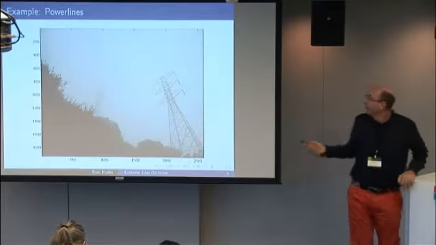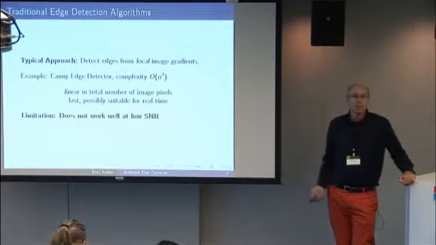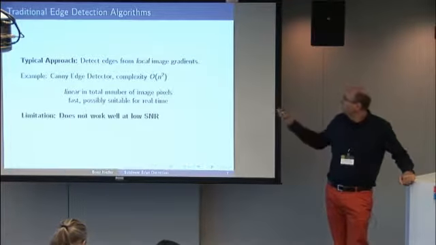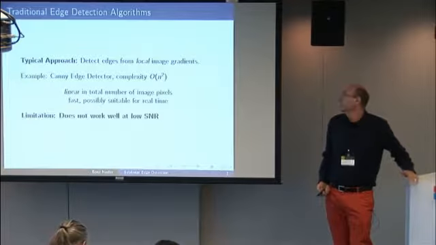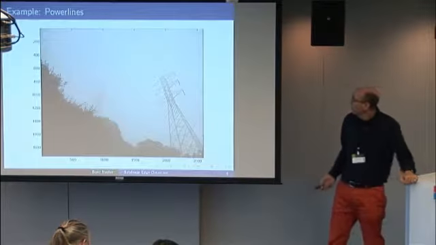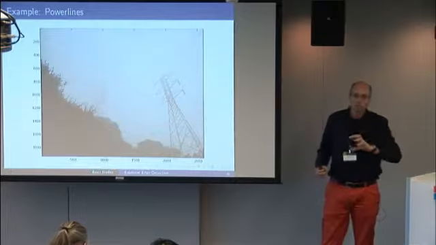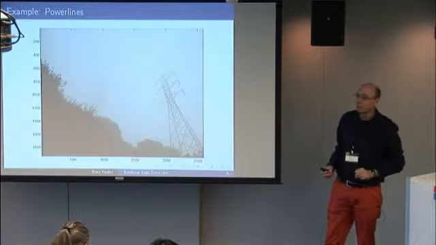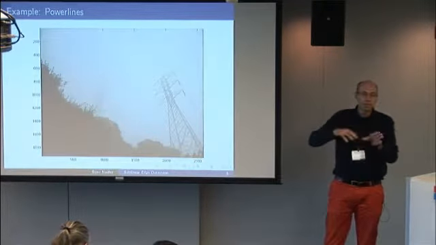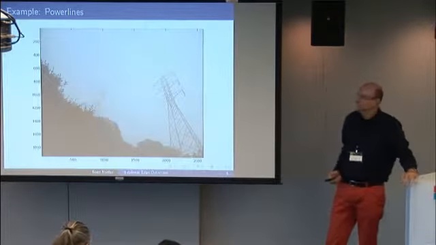Okay. All right. So if you open Wikipedia edge detection, you'll see that the most common algorithm to detect edges is by John Canny. It's called the Canny edge detector. What it does, it takes this image, goes pixel by pixel. At each pixel, it convolves with a Gaussian to attenuate the noise a little bit, and then looks if there are high gradients. If there is, it says at this pixel there is an edge.